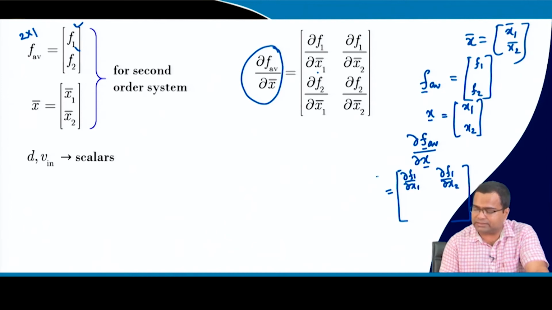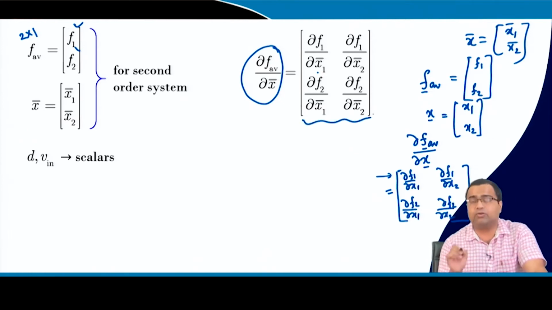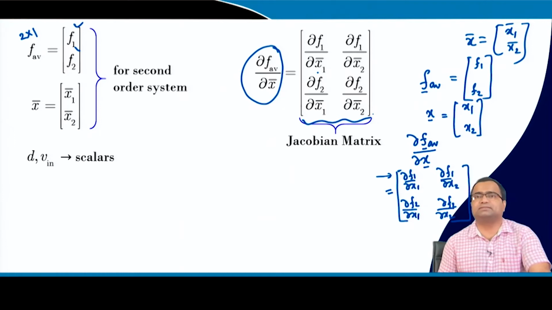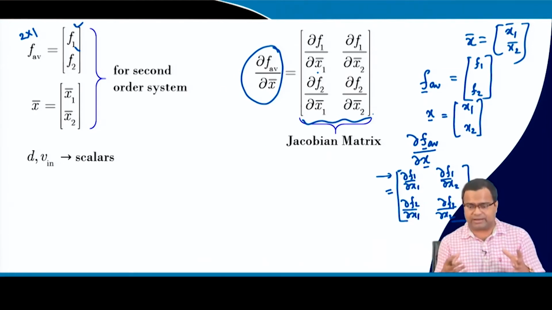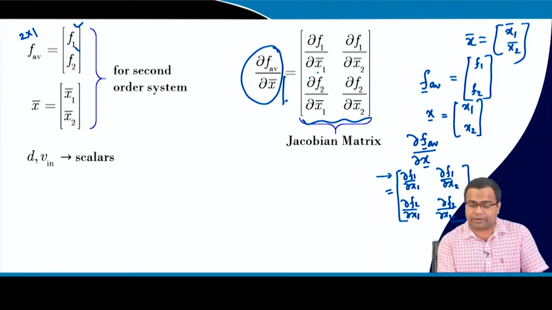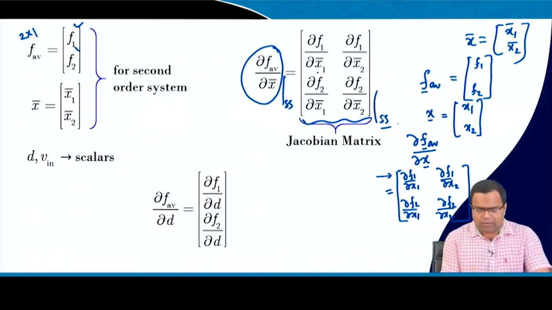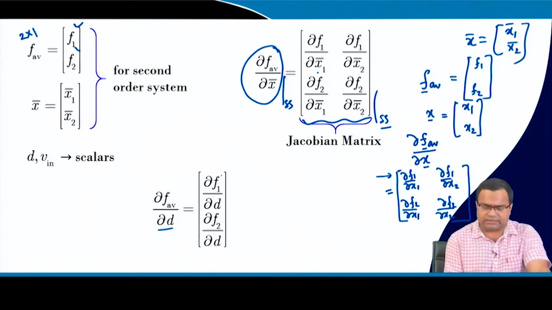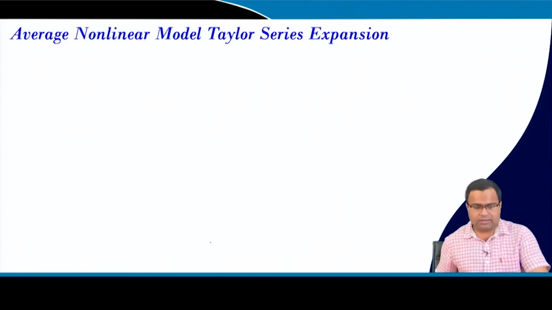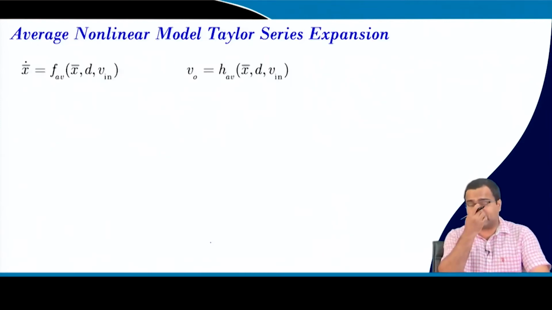That means in this row f1 should be there in the numerator, then ∂f2/∂x1, ∂f2/∂x2. So, this is exactly what we got, and this is called the Jacobian matrix. Okay, so you can find this Jacobian matrix at some steady state point. If you want to find it, you have to find this value. Now, if it is a scalar, if you differentiate, then it is very simple, just ∂f1/∂d, ∂f2/∂d. So, using that we can obtain the Taylor series.